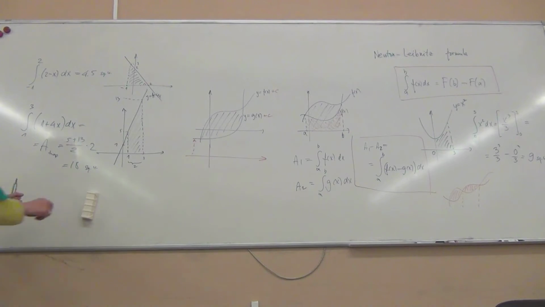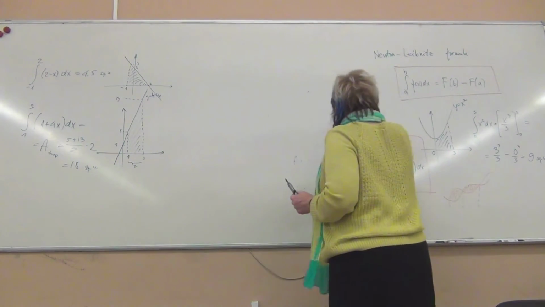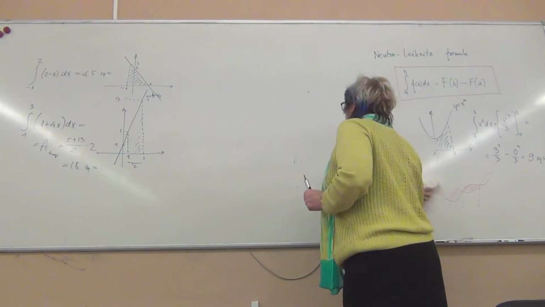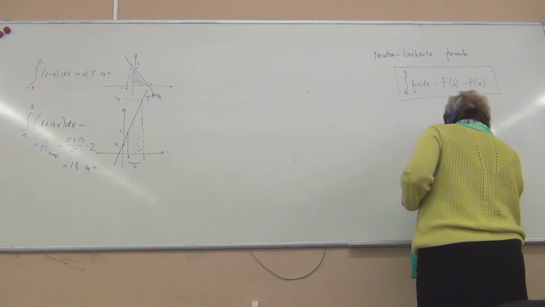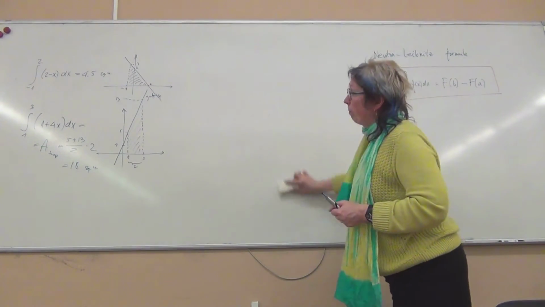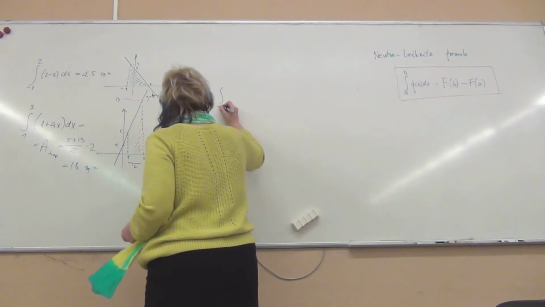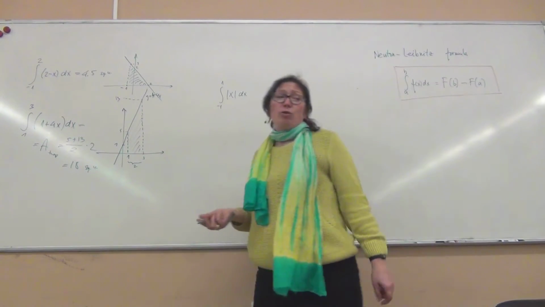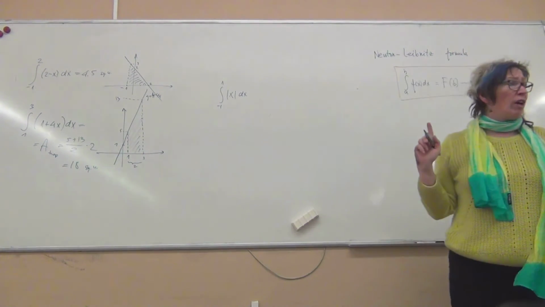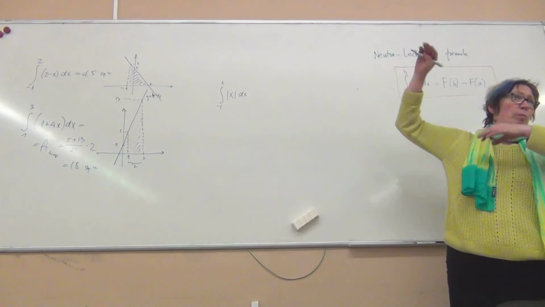The next one is the absolute value of x, x modulus, from minus 1 to 1, of the absolute value of x dx. To be honest, we don't know how to integrate the absolute value of anything directly. We have to split it up into 2 parts and so on.